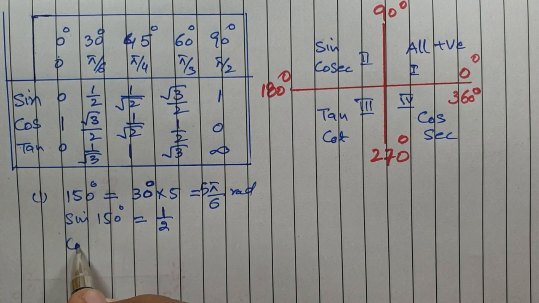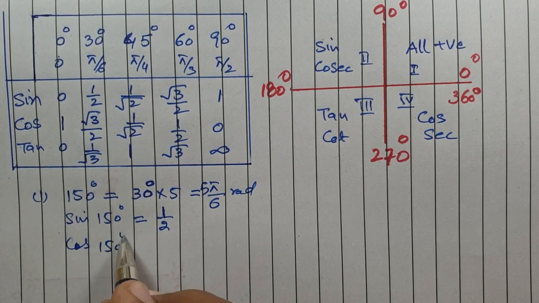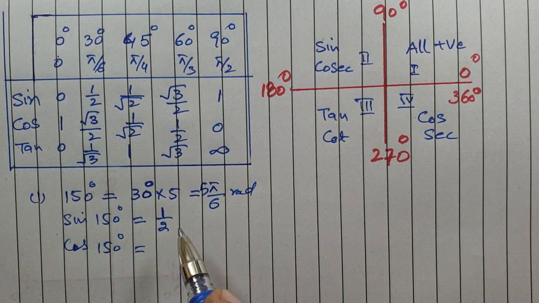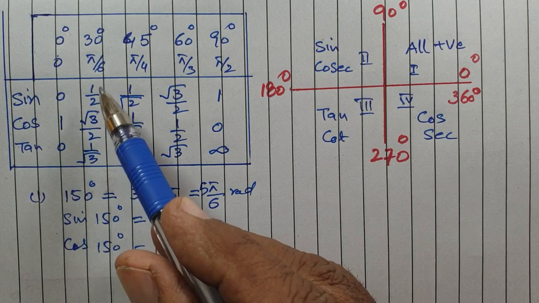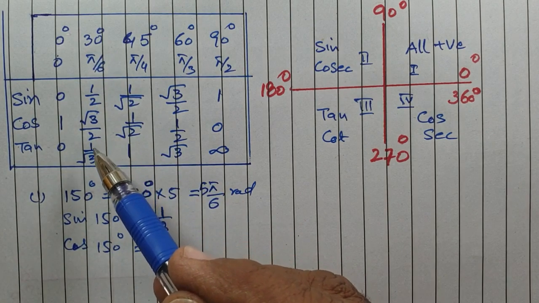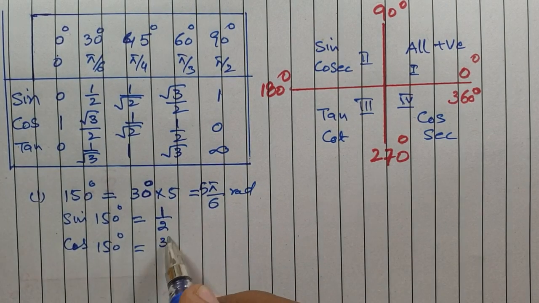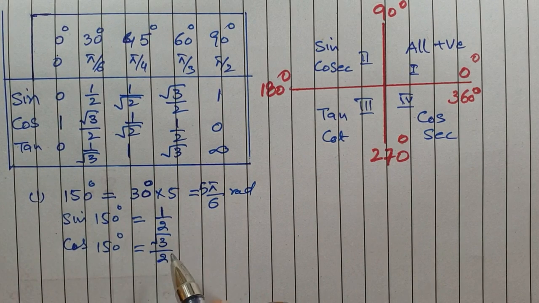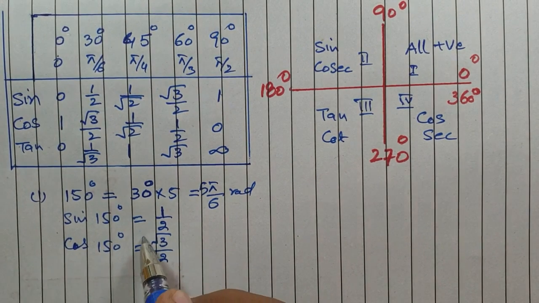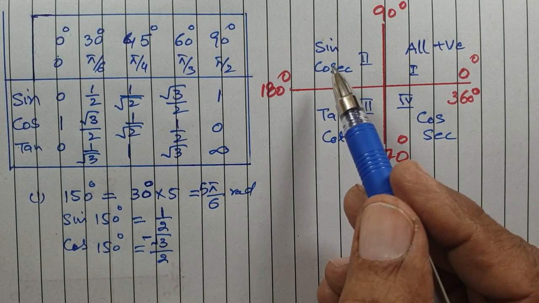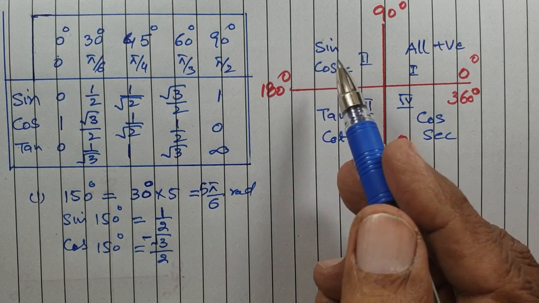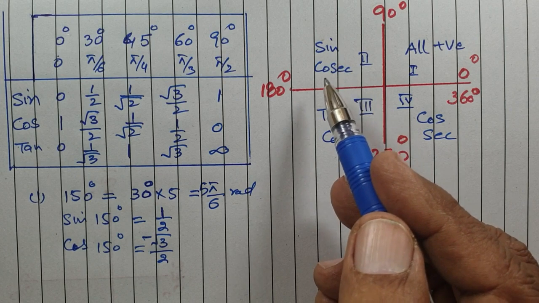For cos 150 degree, the value remains the same as for 30 degree, under root 3 by 2. But it will be negative because 150 degree lies in the second quadrant and only sine is positive. Other values will be negative here.